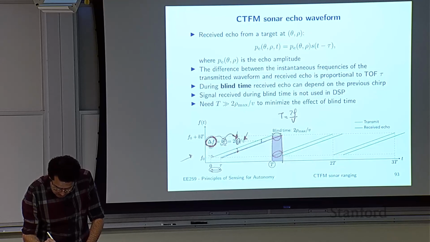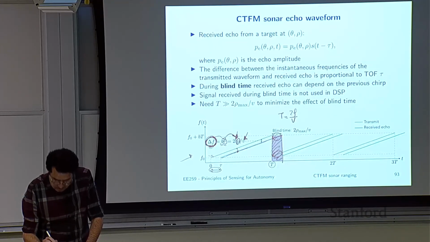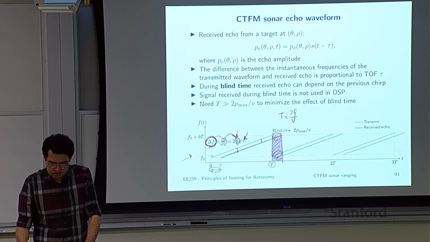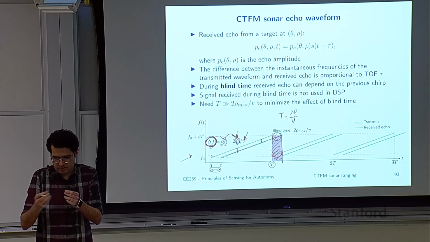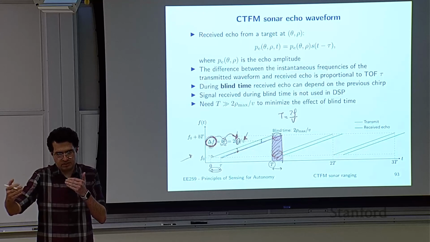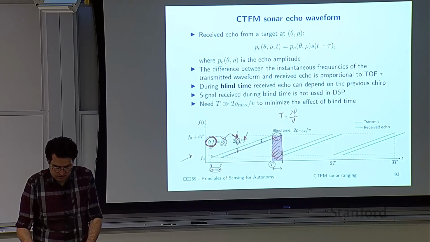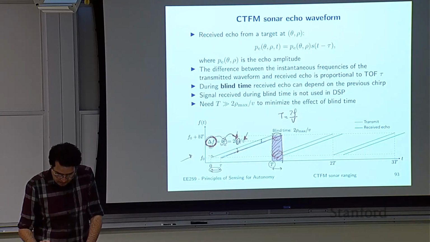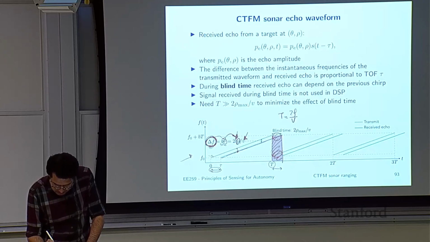So this portion is always ignored, okay? Or sometimes a bit of dead time, an idle time, is added between transmitting 2 chirps, so this doesn't happen. But then your question: isn't T chosen to be 2 rho max over V?